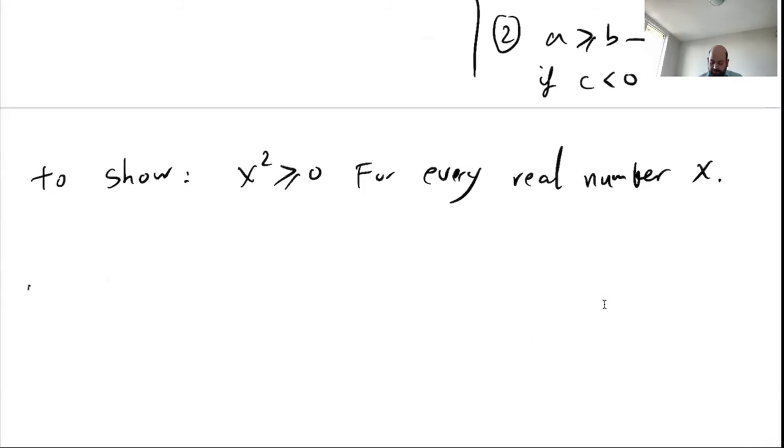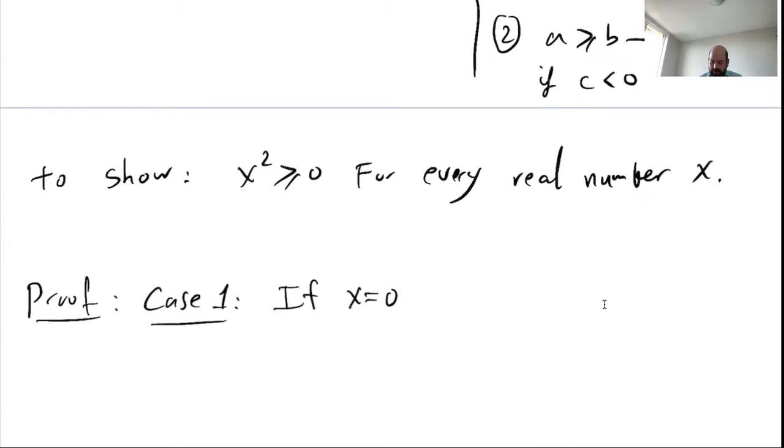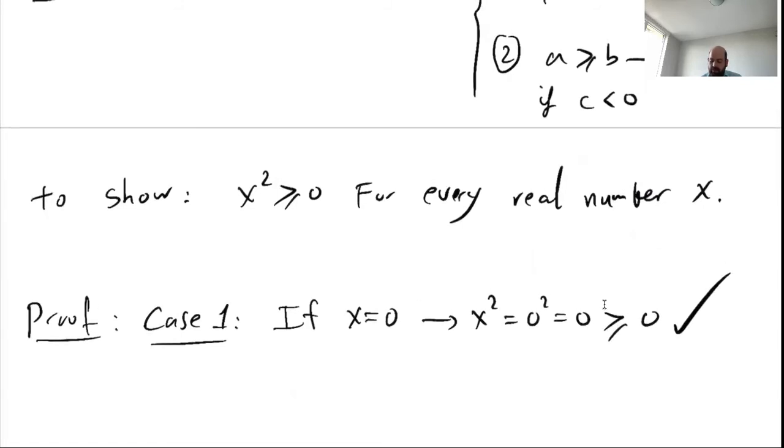So proof. Case 1, if x is equal to 0. The easiest case is if x is 0, right? Then x squared will be 0 squared, which is 0. And 0 is bigger than or equal to 0. Remember, I want to show that x squared is bigger than or equal to 0. Well, if x squared is 0, then 0 is bigger than or equal to 0.